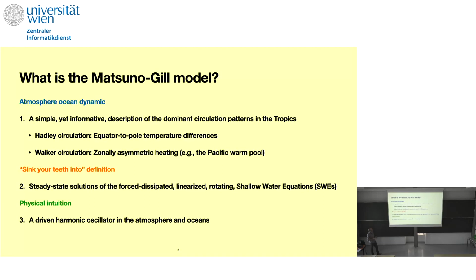So when people ask me what is the Matsuno-Gill model, not that anyone does, but if they were to ask me, I would tell them the following three things, not necessarily in this order. From an atmosphere-ocean dynamics perspective, it's the simple, if not the simplest, description of the dominant circulation patterns in the tropics, namely the Hadley circulation, where there is an equator-to-pole temperature difference with rising motions at the equator and subsiding motions in the subtropics.